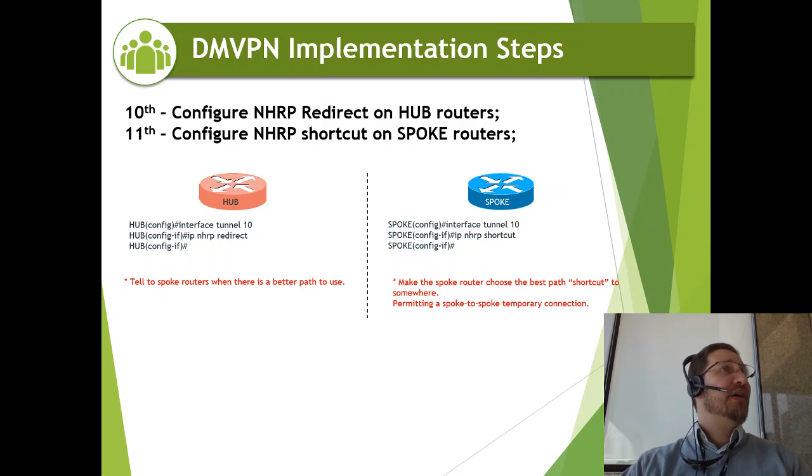Here we have the IP NHRP redirect on the hub side and IP NHRP shortcut on the spoke side. So the redirect command tells the spoke routers when there is a better path to use, and the shortcut makes the spoke router choose this best path shortcut to the other spoke, permitting a spoke-to-spoke temporary connection.